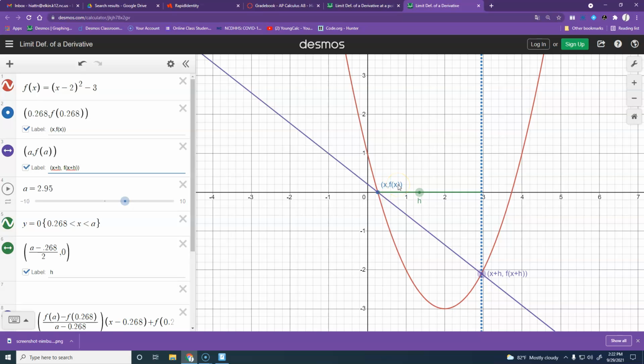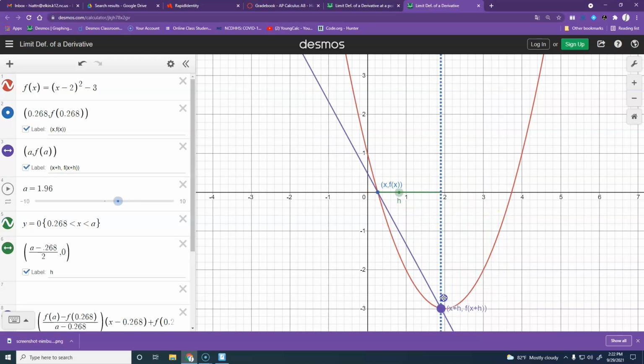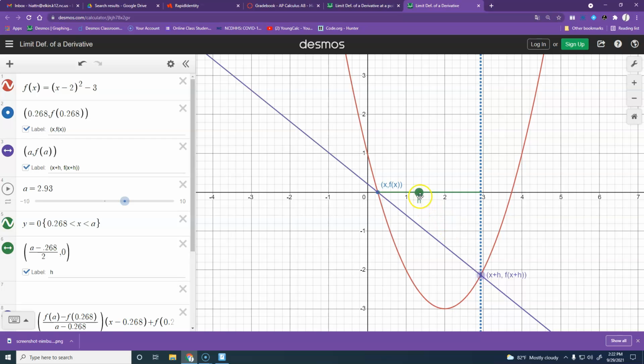We did that on the other problem, right? Okay, so I'm going to have some distance h right here. It's going to depend on where I put my point. So this is some distance h, the green line right here. In this case, it looks like it's a little less than 3.